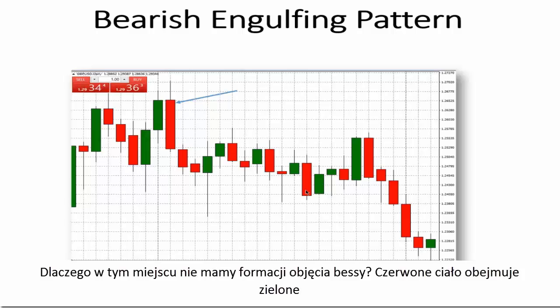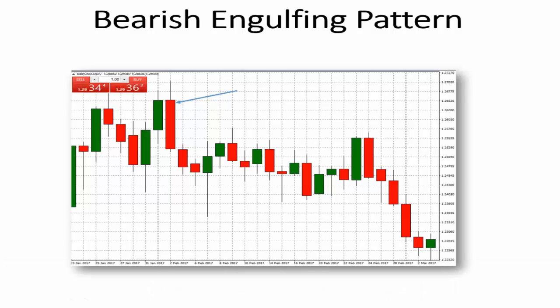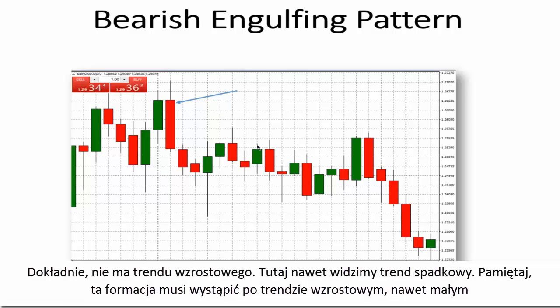Okay, why is this not a bearish engulfing pattern? Here we have a red wrapping around a green. Why is that not a bearish engulfing pattern? No trend, exactly, or a downtrend, right? Or you could view this as a little bit of a downtrend. Remember, a bearish engulfing pattern has to come after an uptrend, even a short-term uptrend.